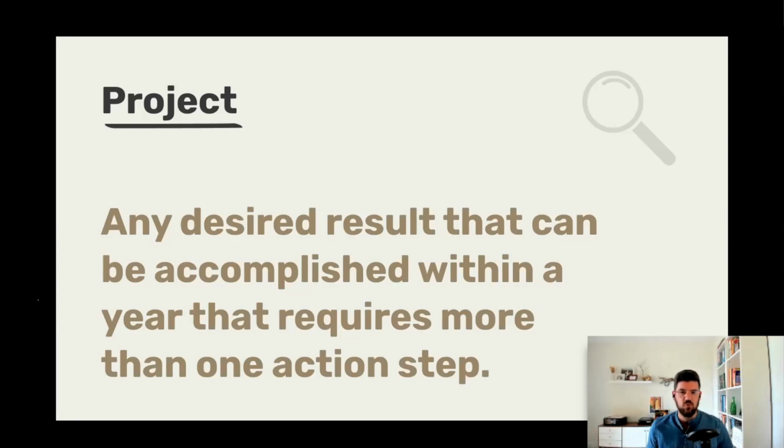So if we are going to get groceries, that's maybe not necessarily a project, it's more of a task. But if we're, say, launching an online course, that would be broken up into probably several tasks with a target timeline as well.